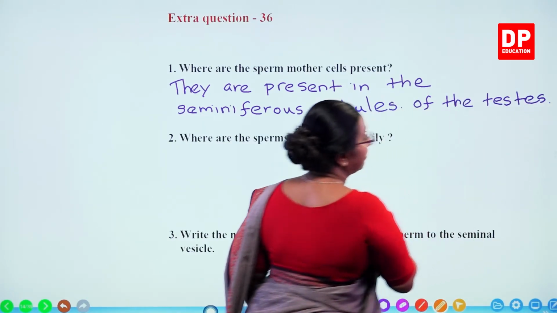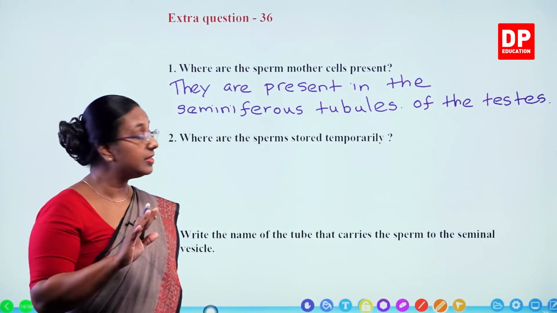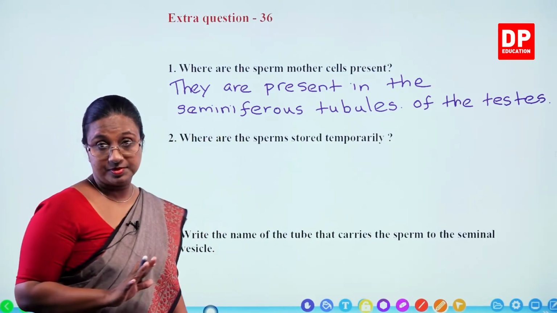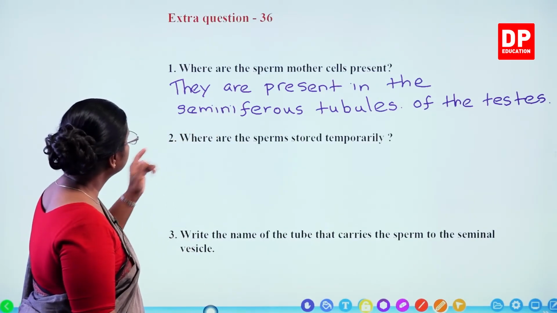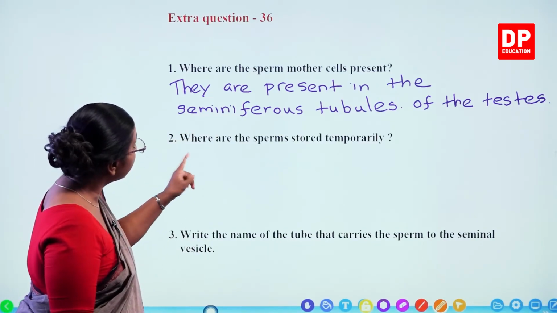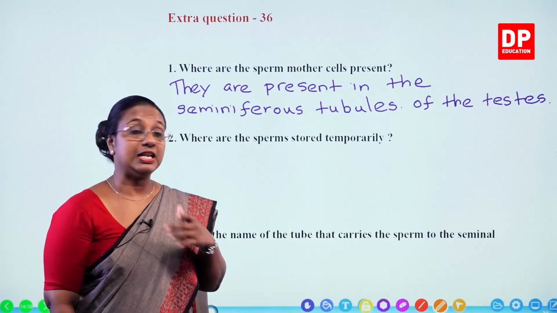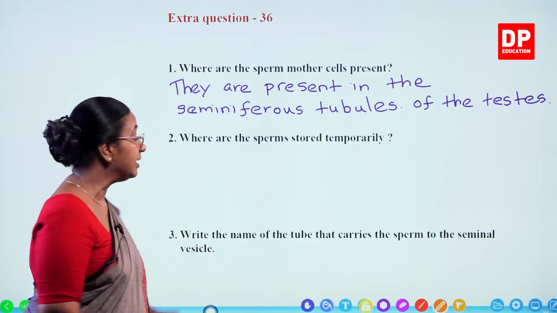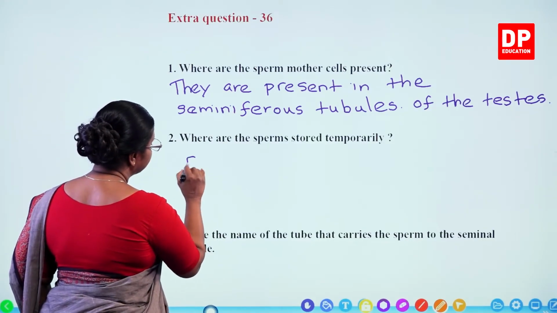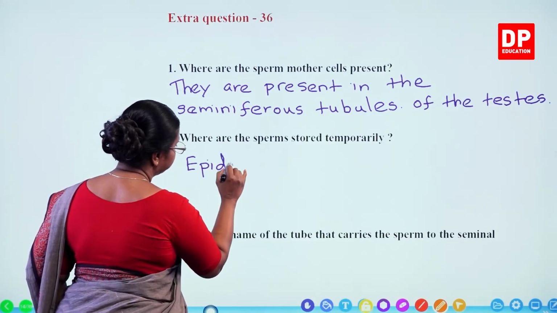So here we have given the complete answer. All the parts of the system related to sperm mother cells are explained there. Then the second question. Where are the sperms stored temporarily? A common question. You all know the answer to that. Inside the epididymis. So here the answer is epididymis.